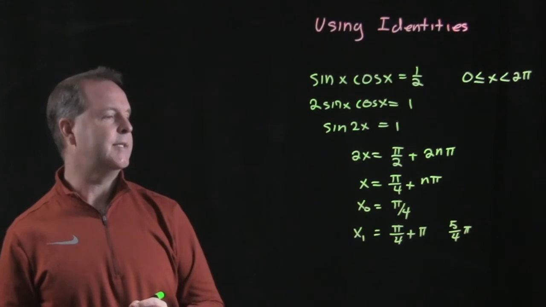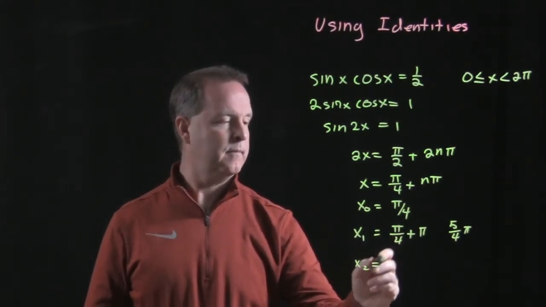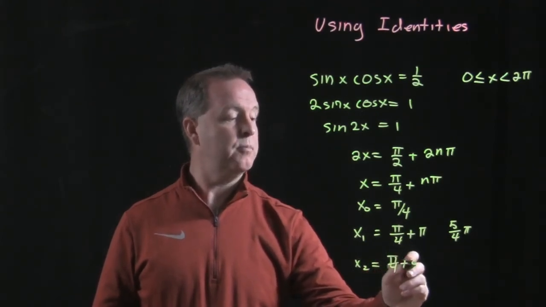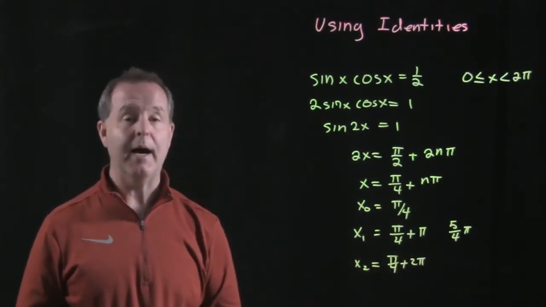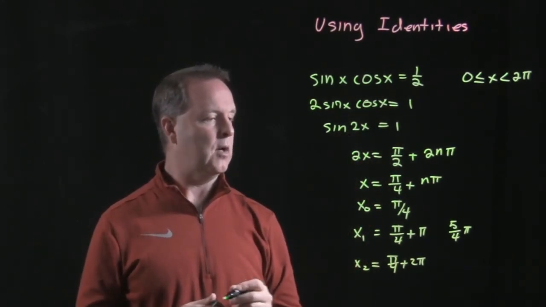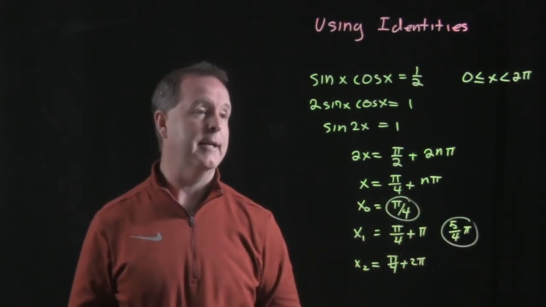If I added 2, at n equals 2, that would be pi fourths plus 2 pi, and that extends beyond the interval I'm looking for solutions in. So my only solutions then would be pi fourths and 5 fourths pi.